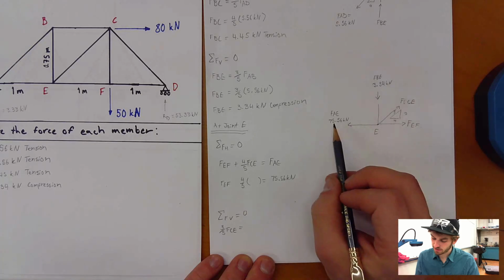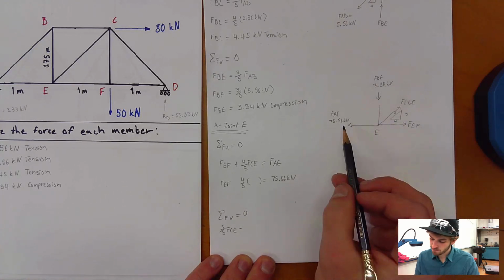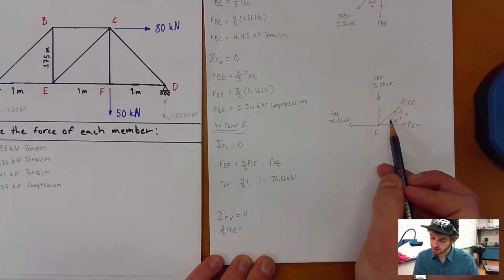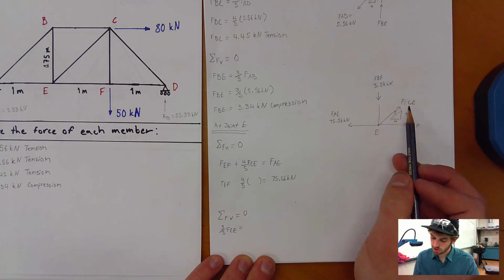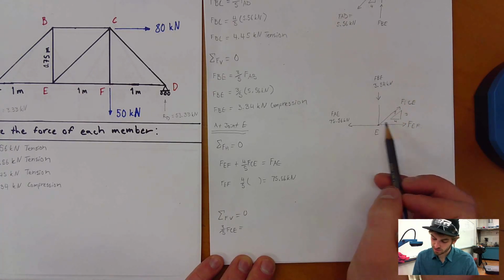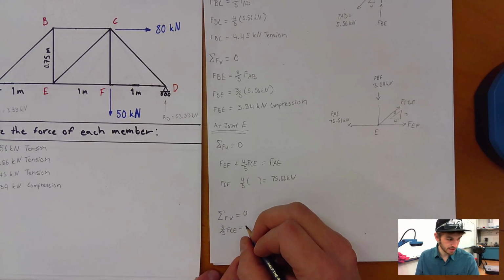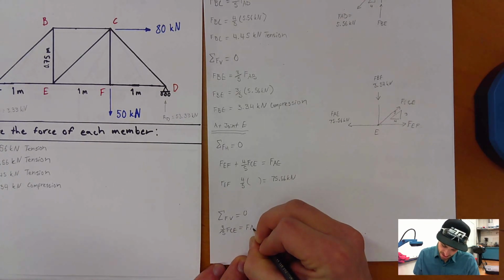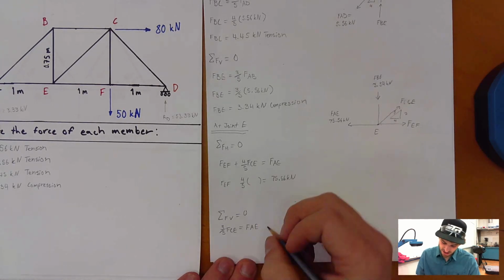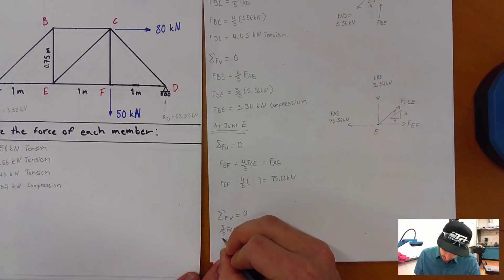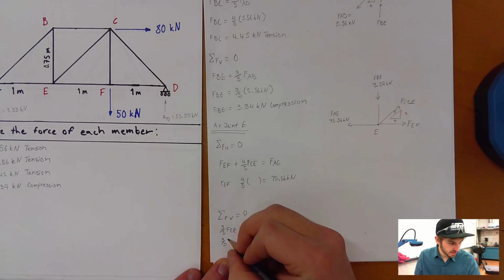Because we know on this side, we don't know this direction. So that's going to be 3/5 because we know the 4. So 3/5 FCE is going to be equal to FBE. What do we know already?